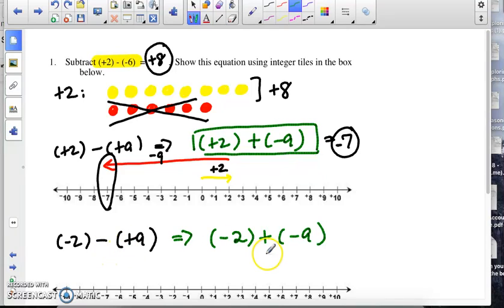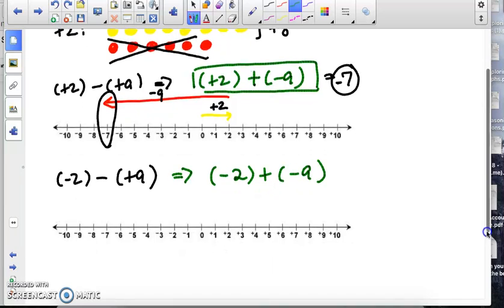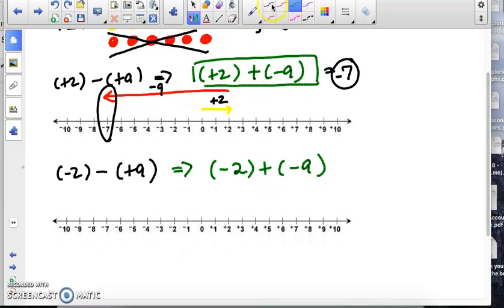There is a pattern emerging here, and we'll review the pattern at the end. So the same procedure as before. We're going to take our first arrow, negative 2. Remember, we start at 0, and we go backwards from 0 to the left, and that represents negative 2. Now we're going to add negative 9 to it. We're going to continue on the same side and in the same direction on the number line.